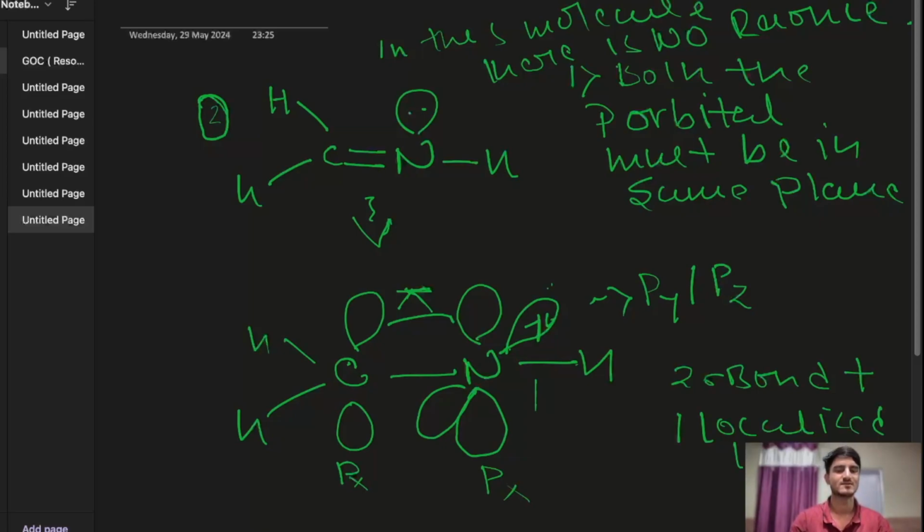So the summation comes to 3: 2 plus 1, 3. So the hybridization is sp2, and this lone pair is present in an sp2 hybrid orbital, because it is not participating in resonance, that's why it is present in an sp2 hybrid orbital. Clear?